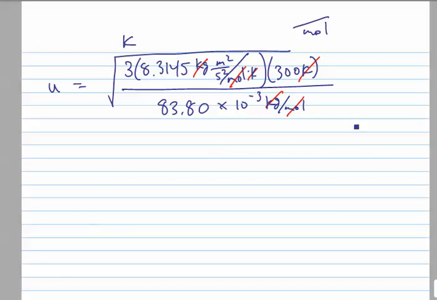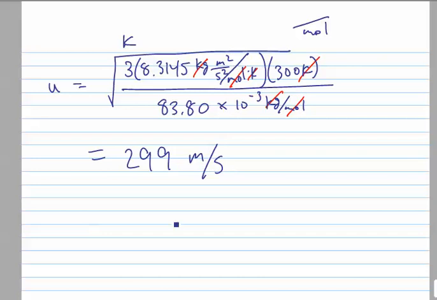And so our units cancel just as they have before, and we repeat our calculation. 3 times 8.3145 times 300 divided by 83.8 times 10 to the minus 3. And then we take the square root of that number. And so for krypton at 300 Kelvin, our root mean square velocity is 299 meters per second.